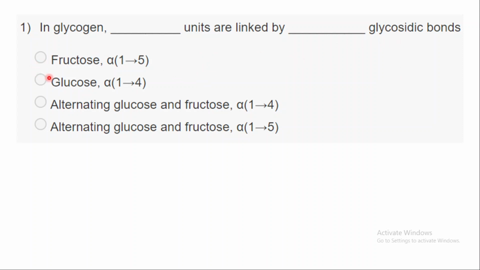Option A, fructose units linked with alpha 1,5 glycosidic bonds. Option B, glucose units linked with alpha 1,4 glycosidic bonds. Option C, alternating glucose and fructose units with alpha 1,4 bonds. Option D, alternating glucose and fructose units with alpha 1,5 bonds.